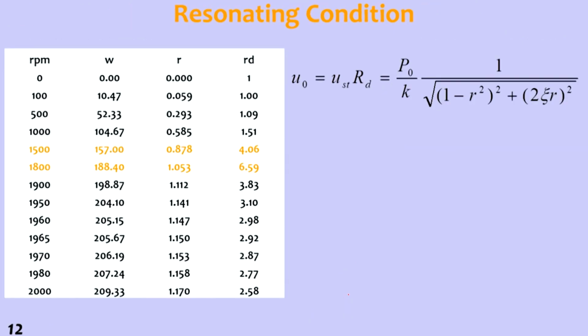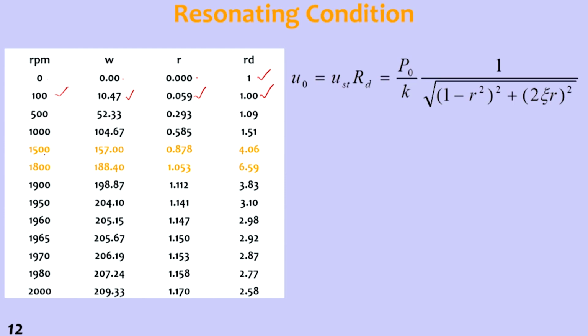So when we put 5% damping and increase the rpm from 0 to 2000, let us see how it looks. At 0 rpm, the forcing frequency is also 0, r is 0, and Rd will become 1. If rpm increases slightly, to 100, the frequency is 10.47, r is 0.5059, and again Rd is very near to 1.